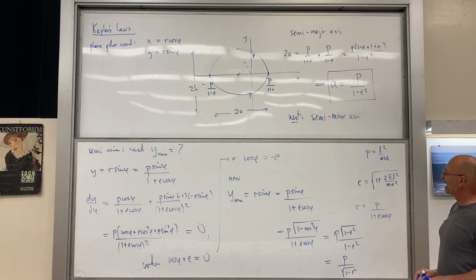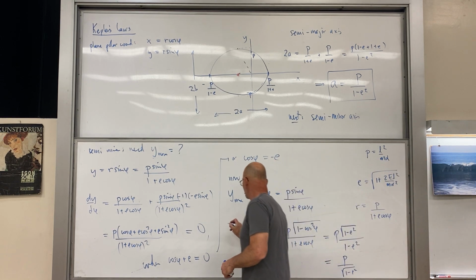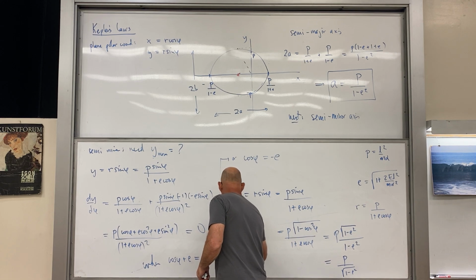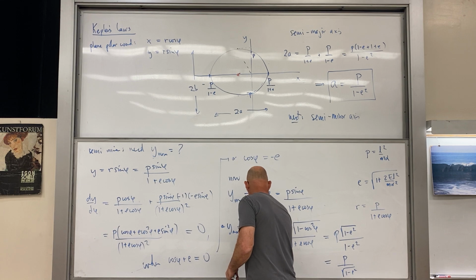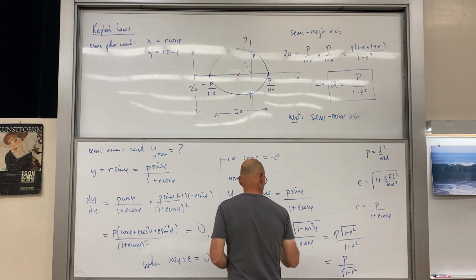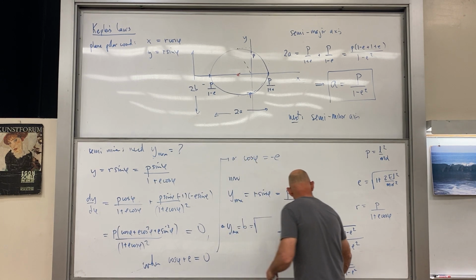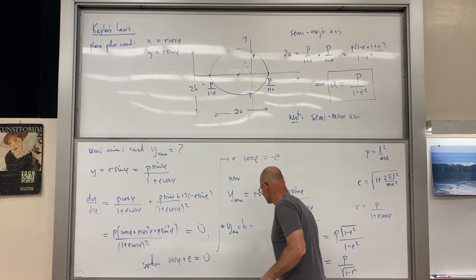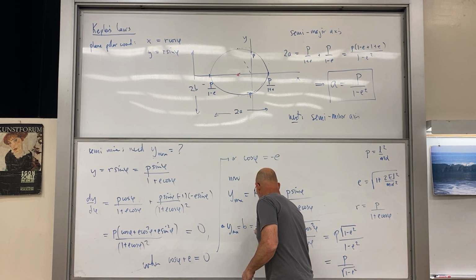So y max is b, and b is p over root 1 minus e squared.